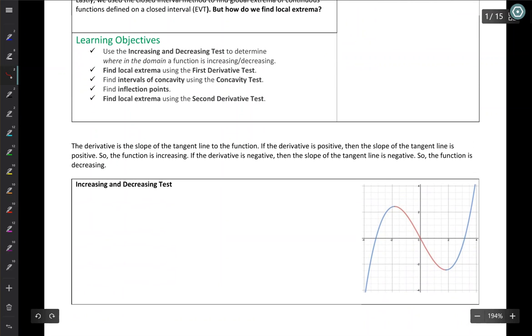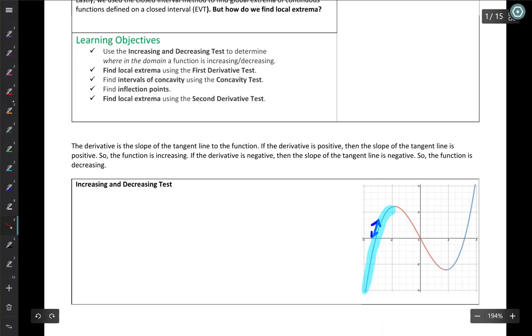Right, so the increasing and decreasing test really just says if the derivative is positive, the slope of the tangent line to the curve is positive, then my curve must be increasing. I'm happy, if this is my money, I'm happy in this area over the domain negative infinity up to -2.